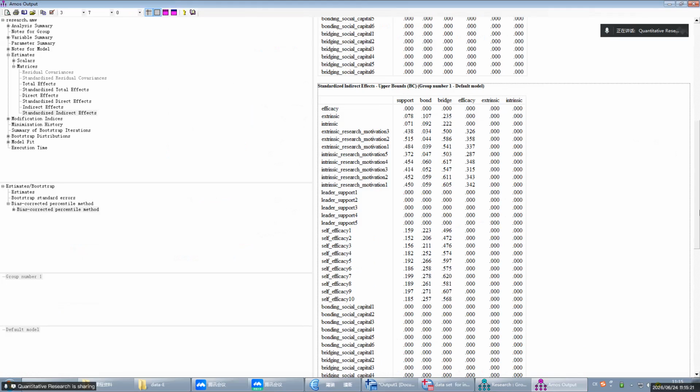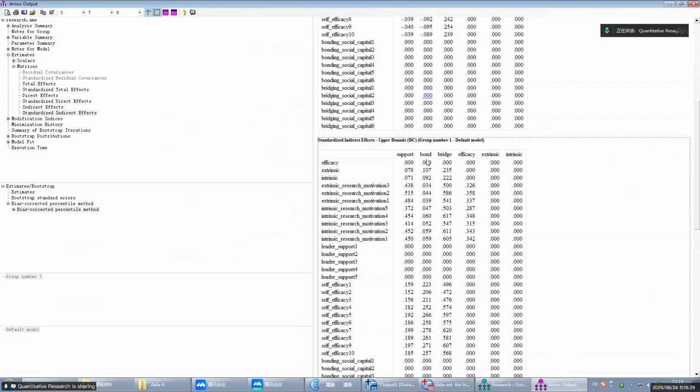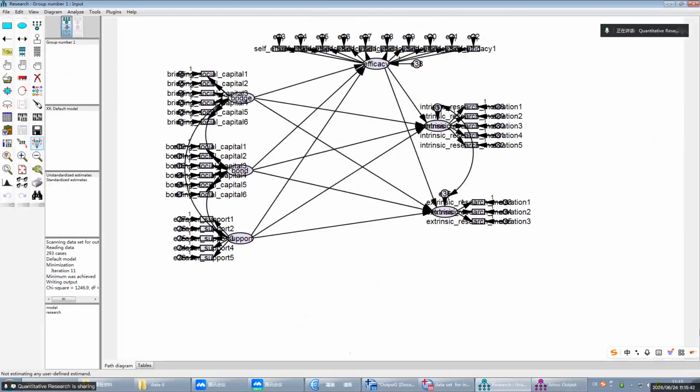So from minus 0.023 to 0.107, does it contain 0? It contains 0, right? So it means bond to efficacy to extrinsic motivation, this mediation path, is not significant. Okay.